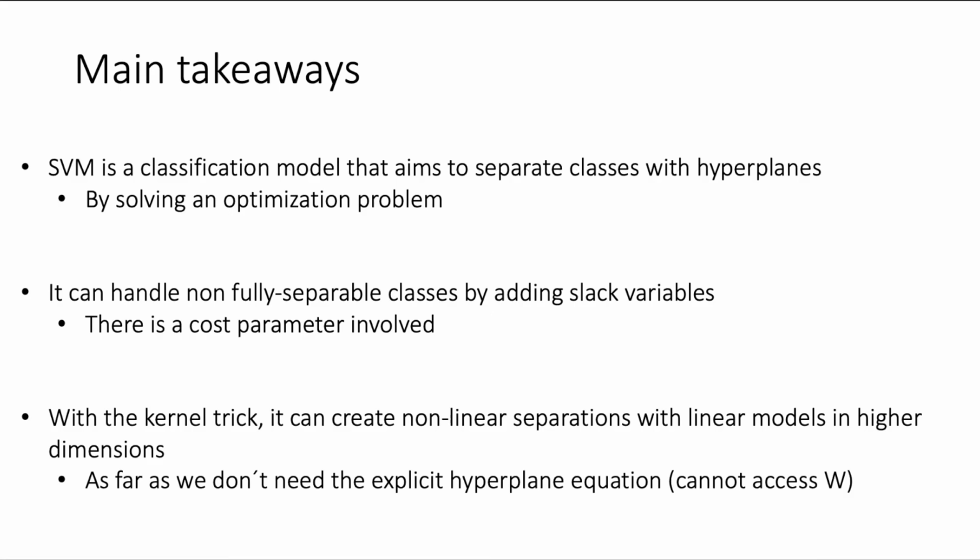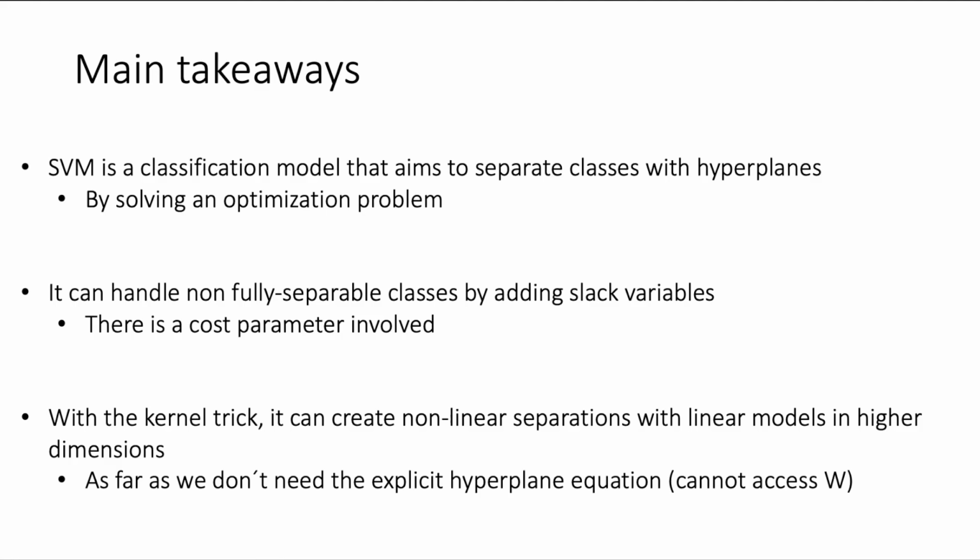To conclude, the main takeaways we saw in the support vector machine model is that it is a classification model that aims to separate classes with hyperplanes by solving an optimization problem. It can handle non-fully separable classes by adding slack variables. But keep in mind that there is a cost parameter that we must set that is going to balance between the cost of the misclassification together with the margin.